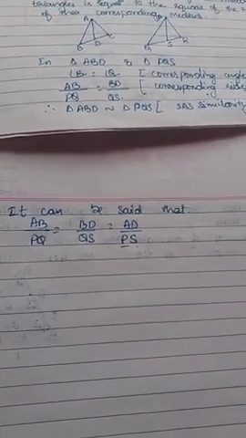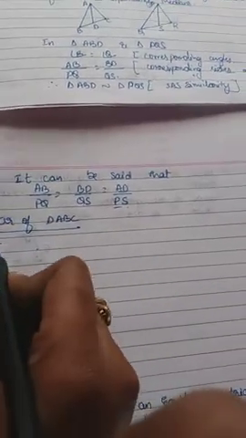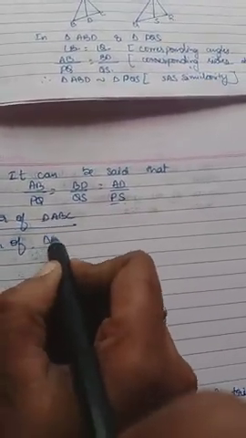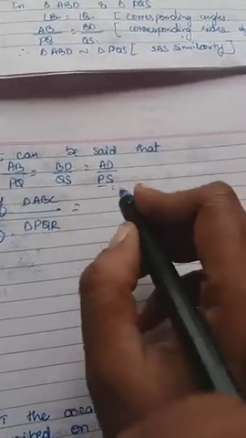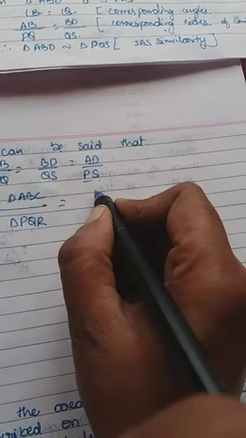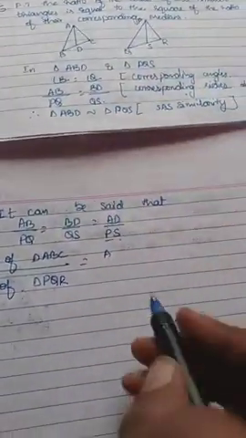Okay, so let us take the area of triangle ABC divided by the area of triangle PQR. Here obviously the three sides are proportional. Which are those three sides? AB and PQ, right?